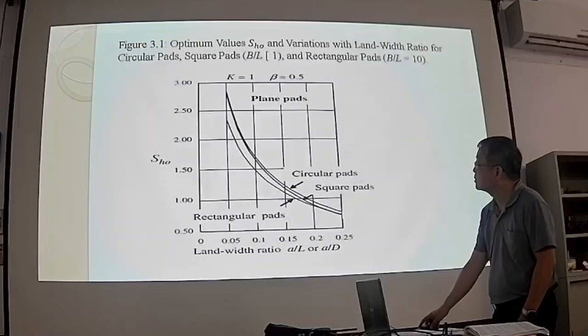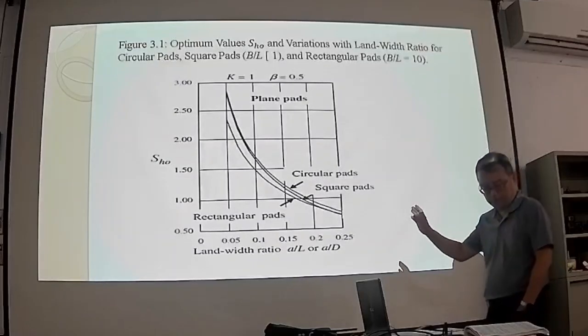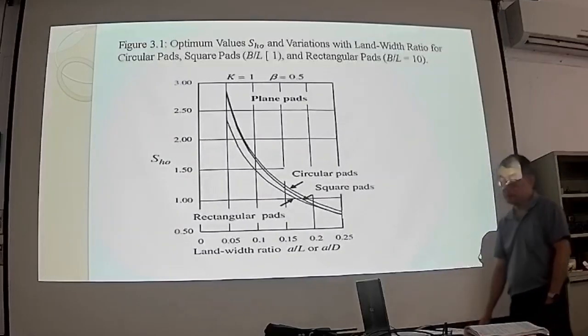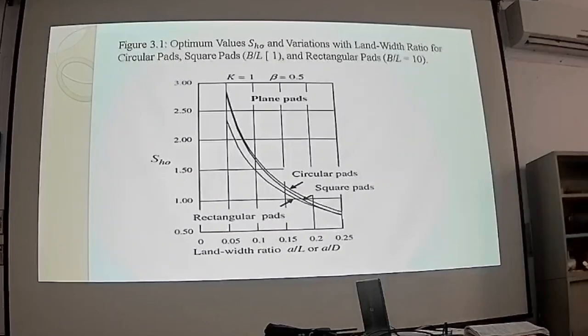I think last time we already explained the diagram, figure 3.1. So in the 70s and 80s, the computer capability is not so good.